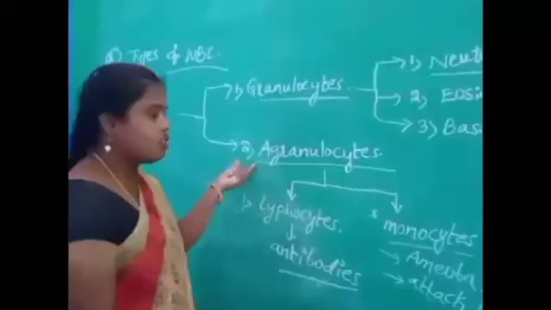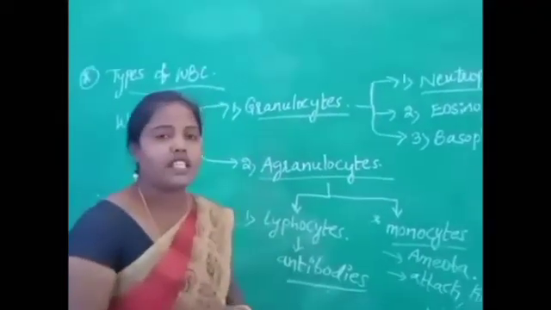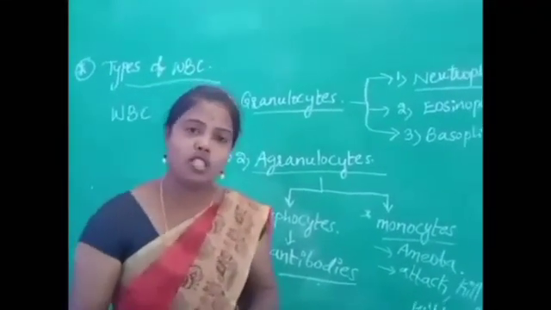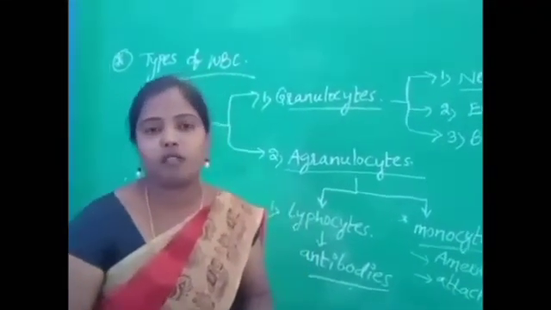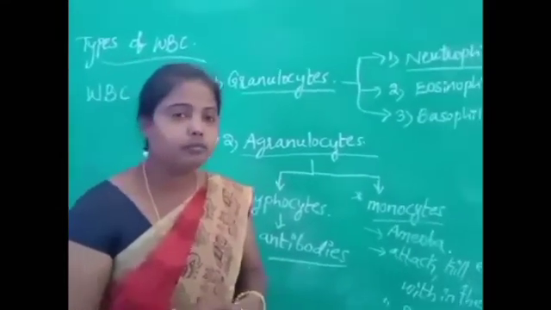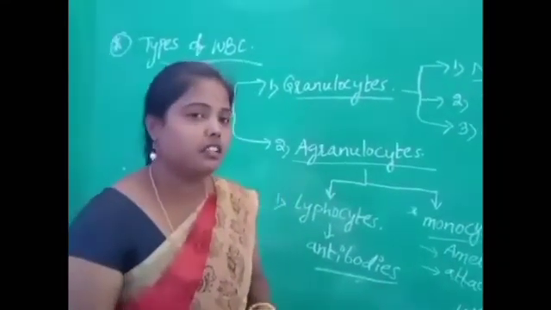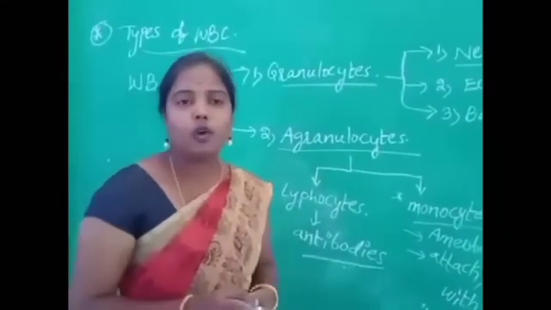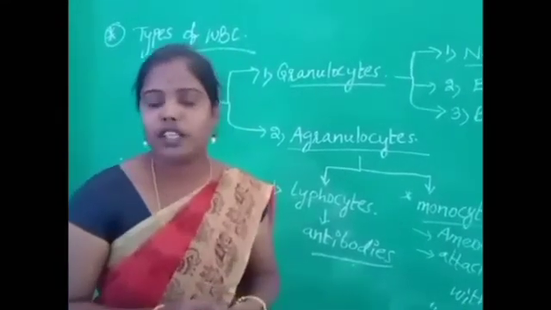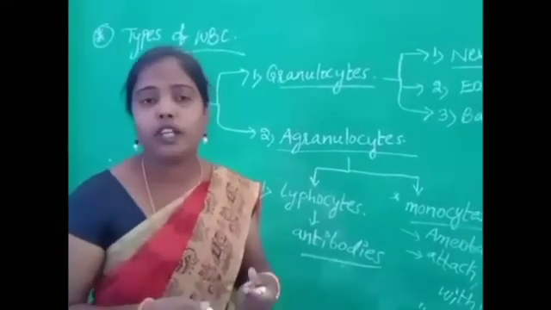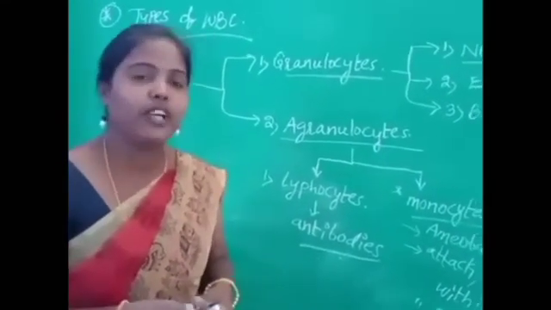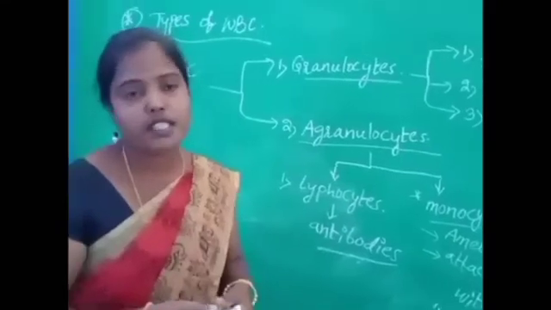Okay, so this is about agranulocytes. Children, white blood cells are also called leukocytes. Hemoglobin is absent in the white blood cells. The white blood cells kill harmful microorganisms and protect our body from different types of microorganisms.